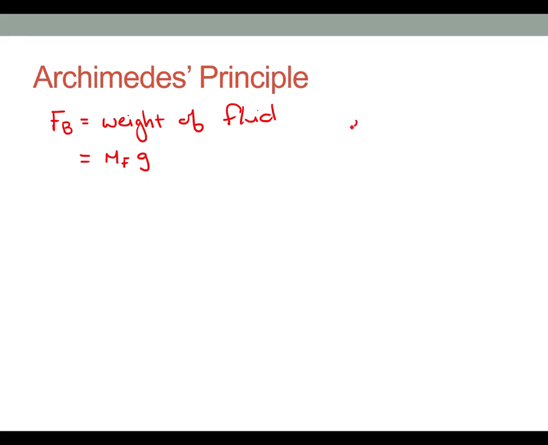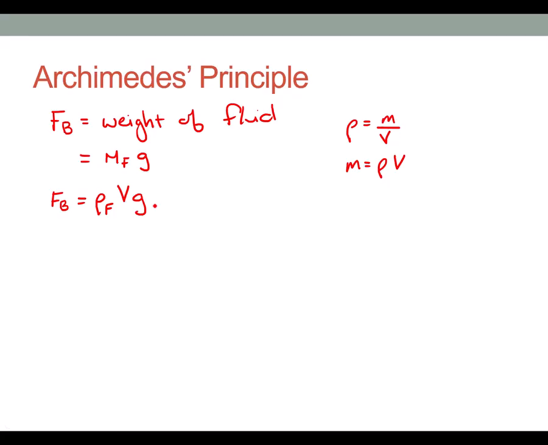I'm again going to pull on density, which is mass divided by volume, so mass is density times volume. So the buoyant force with that plugged in will be the density of the fluid times the volume of the object times the acceleration due to gravity.